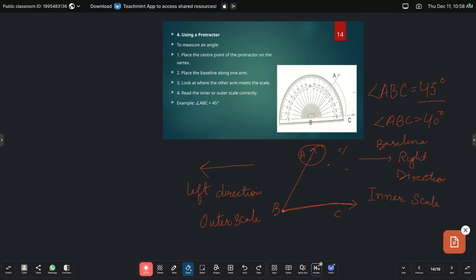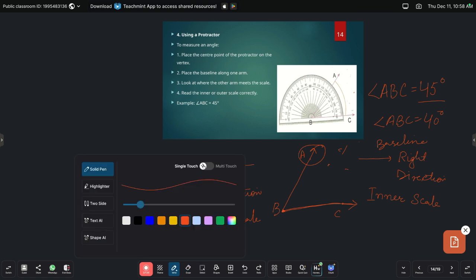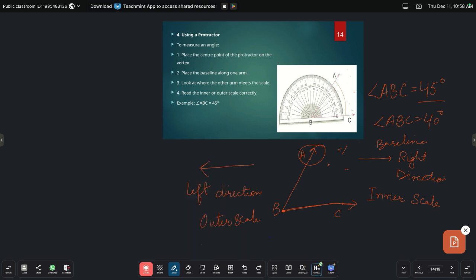Again, if the angle that is already made here, we can see the reading. The reading starts from here, 0, 10, 20, 30, 40 and 50. You can see it lies between 40 and 50. Okay, so this angle, it is 45 degree.